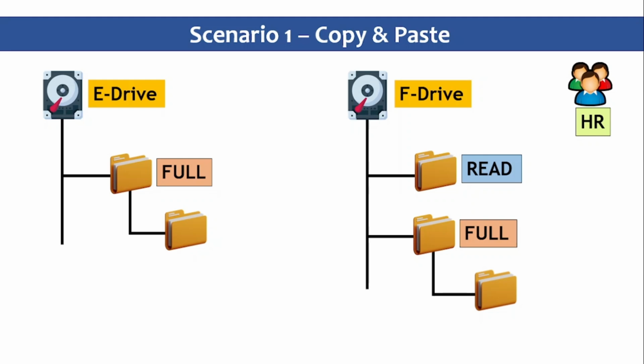Control C, Control V. So the question arises, what will be the effective permissions to the HR group on these newly created folders? The answer is the HR group will have full permissions on both the folders.